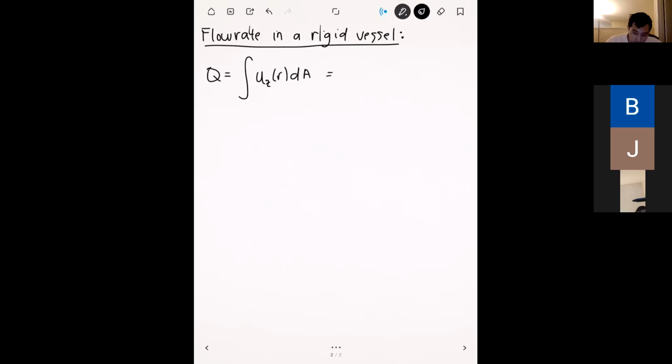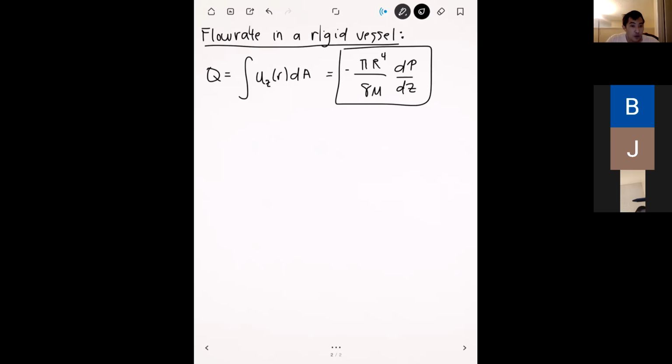Once we computed that, we got the following formula: Q equals minus pi r to the fourth over 8 mu times dp/dz. That's one formula for the flow rate. You can see it depends on r to the fourth, and also on the pressure gradient, which is going to drive the flow.